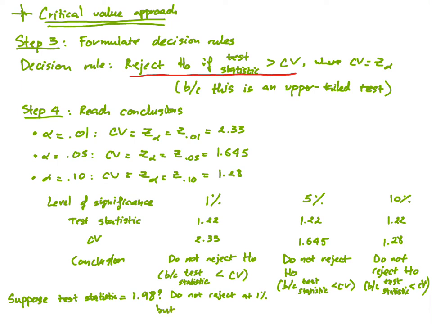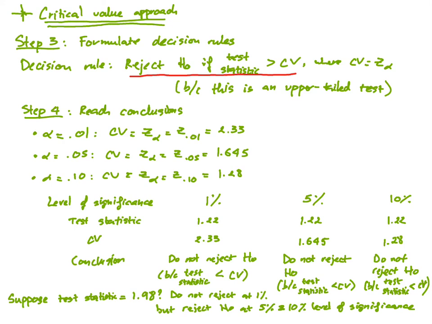Right? Because in those cases, the test statistic of 1.98 is going to be greater than the critical value of 1.645 for the 5% level of significance, and greater than the critical value of 1.28 for the 10% level of significance.